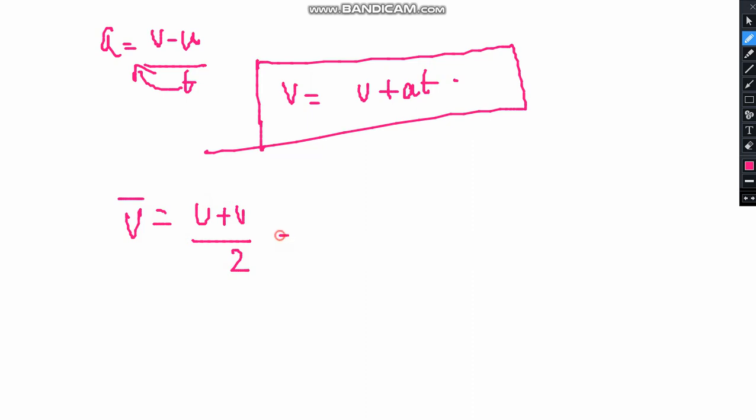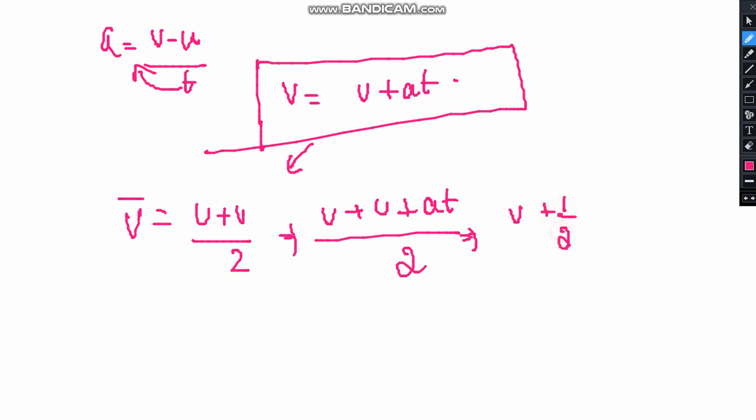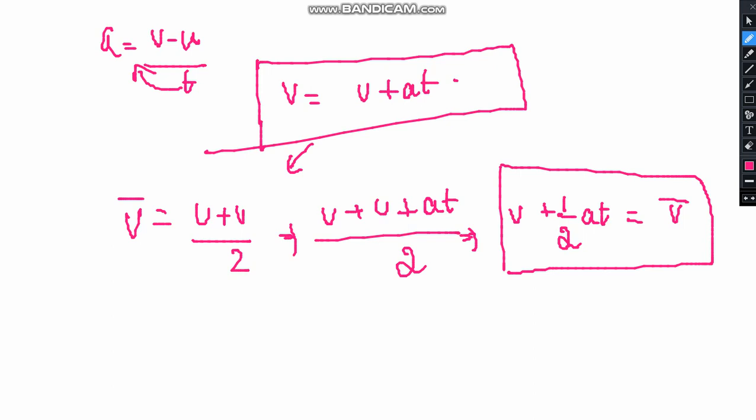Here we know v is equal to u plus at, so (u plus u plus at) by 2, the 2s cancel, giving u plus half at, which is equal to average velocity. This is also a very useful formula. I will come back to that later.